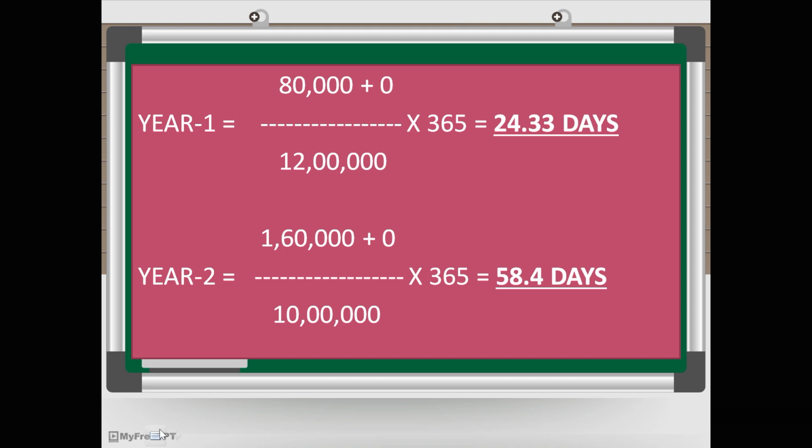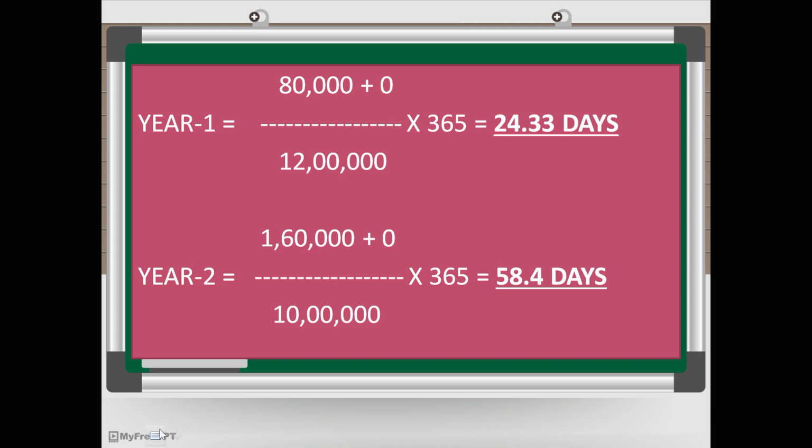Up to that time, working capital is blocked. Your working capital cash gets blocked, it doesn't circulate, and that is not at all a good sign as far as working capital position is concerned.